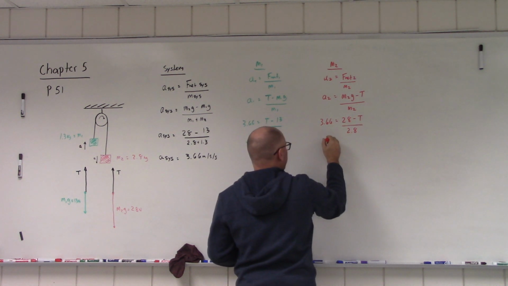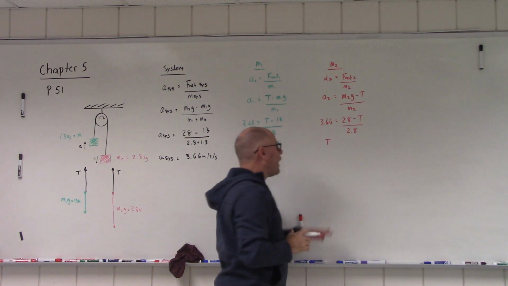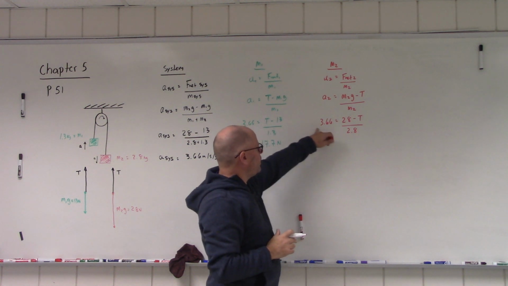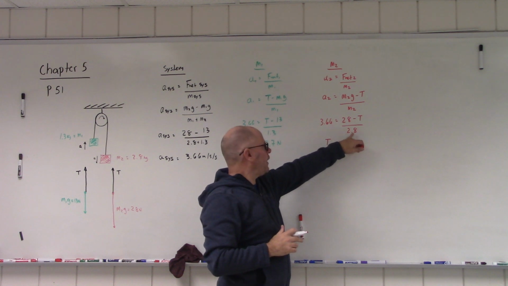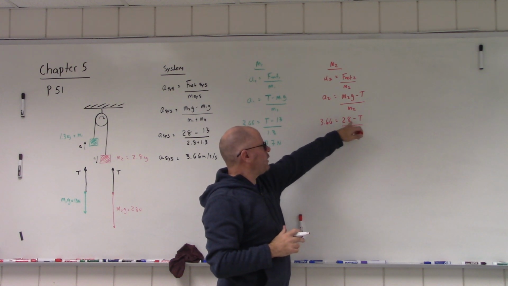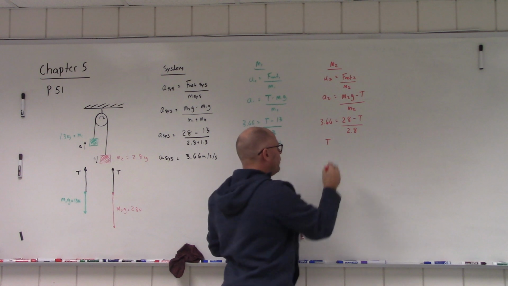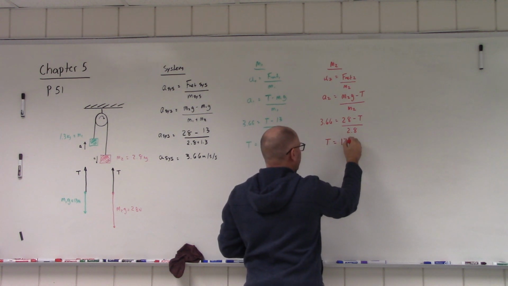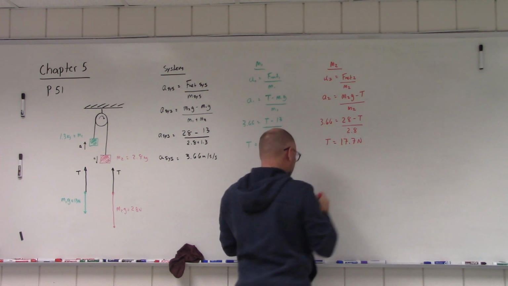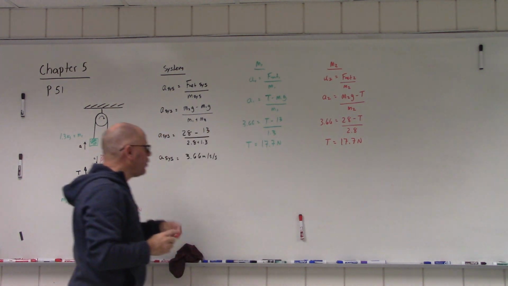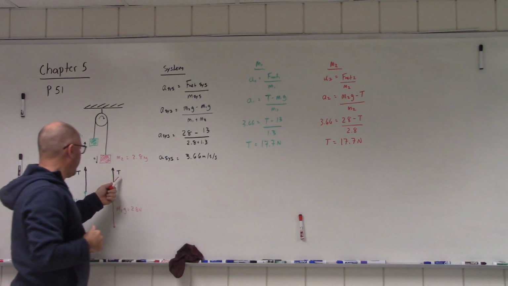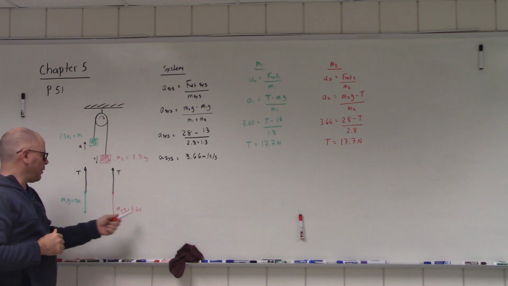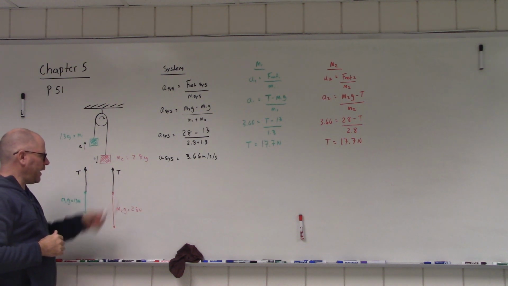If you plug and chug this, this is 2.8 times 3.66, so a little less than 3 times a little more than 3. 3 times 3 is 9, and 28 minus 9 is 19, so that's a good estimate. You know you've done it correctly if you solve for the tension using both blocks and they're the same. And 17.7 is less than 28, that looks good.